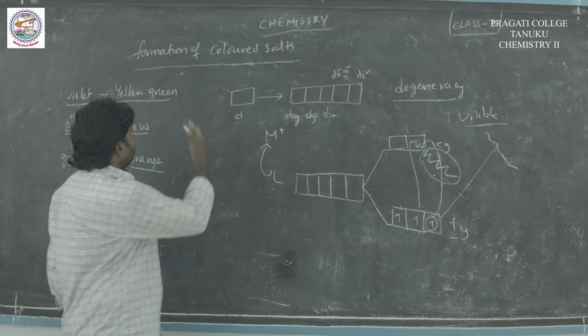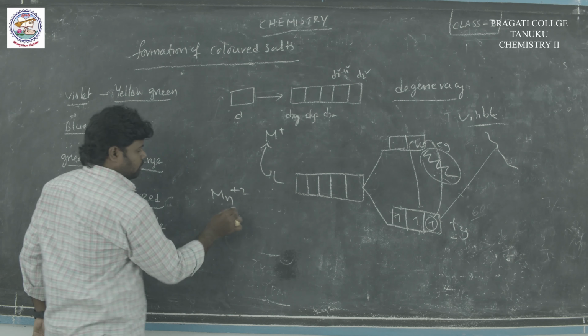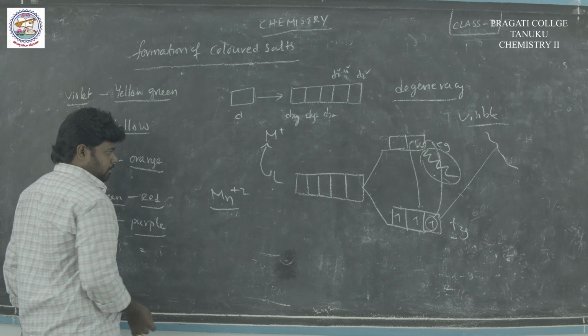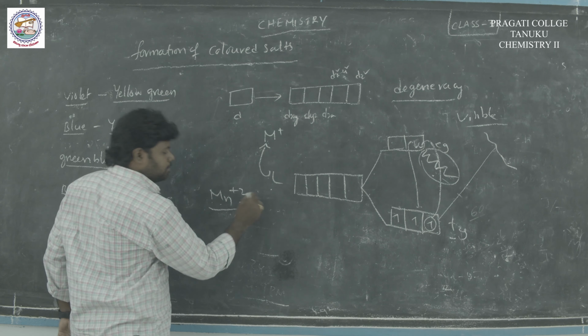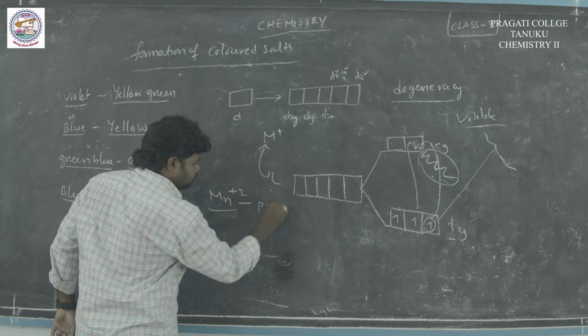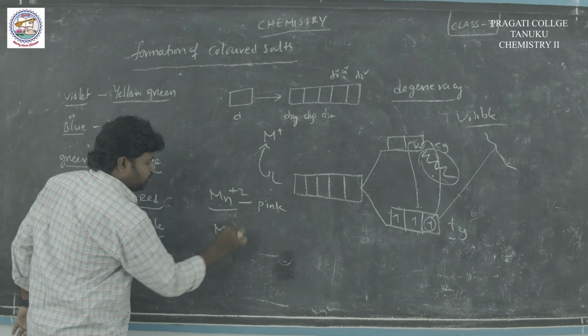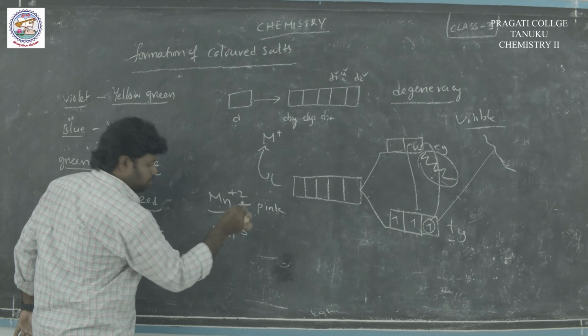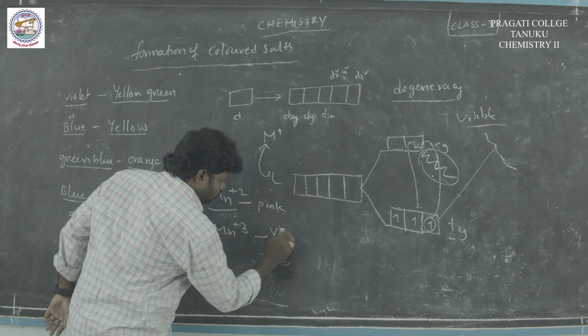For example, Mn+2, manganese in the +2 state, combined with ligands exhibits pink color. When one electron is lost, in the +3 oxidation state, it exhibits violet color.